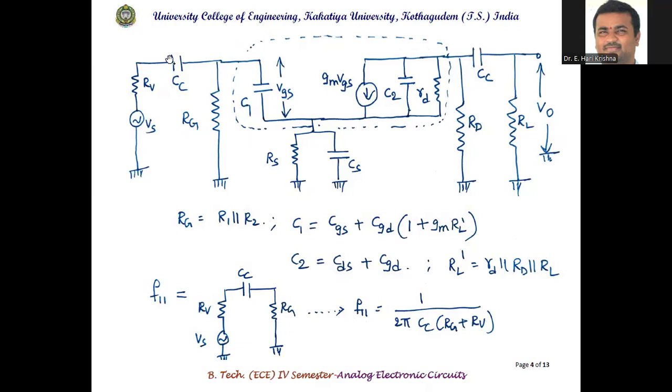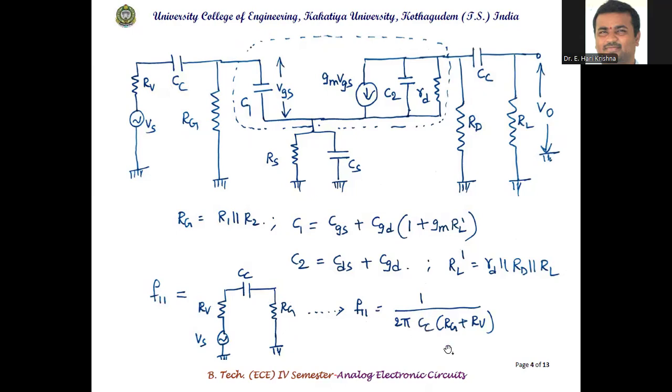This capacitor in series with the resistor forms high pass filtering action. So F11, the lower cutoff frequency. Always the cutoff frequency is 1 by 2 pi R into C. Here R is RV plus RG multiplied by CC.